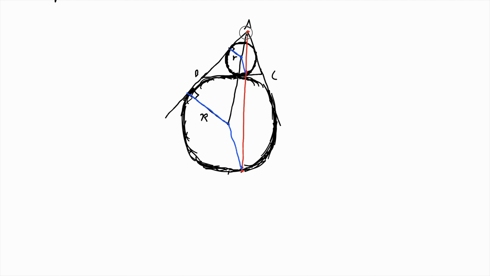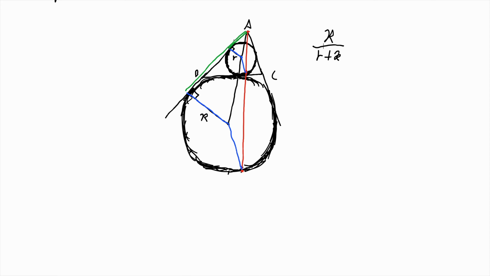So we know that the green ones, this one and this one, have the ratio of r over big R. So r over (small r plus big R) is the ratio of the short green one and the long green one, and that's quite obvious by using our similar triangles.